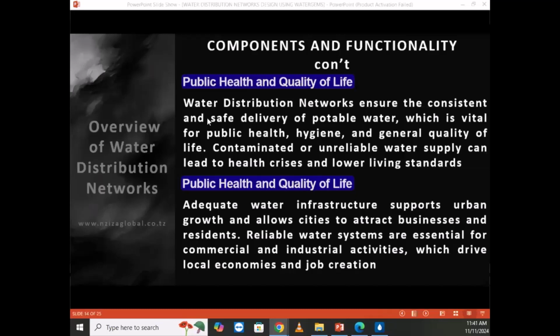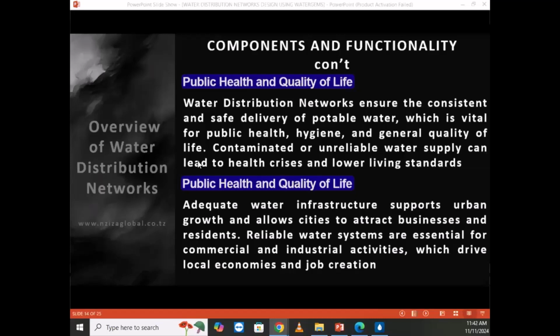So we can start with public health and quality of life. The water distribution network ensures the consistent and safe delivery of potable water, which is vital for public health, hygiene, and general quality of life. That's what I was saying. When I say a water distribution system, think of that system which is well operational, well designed, and well managed.